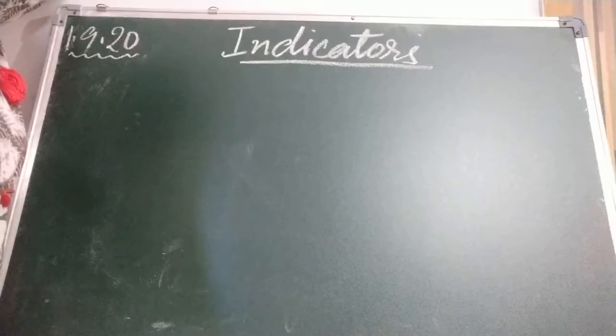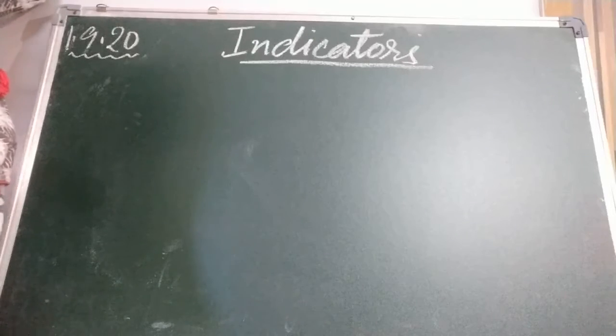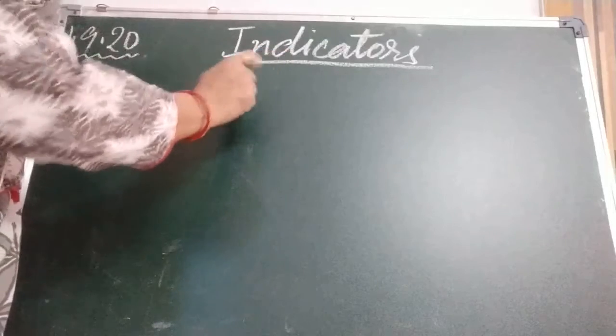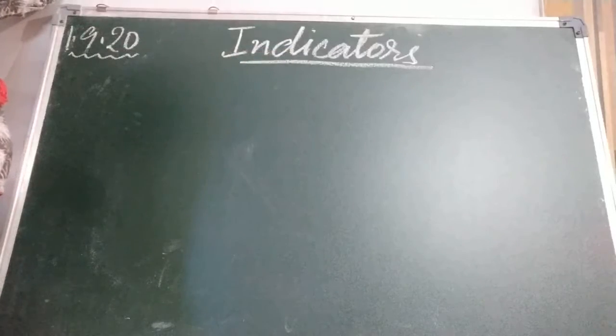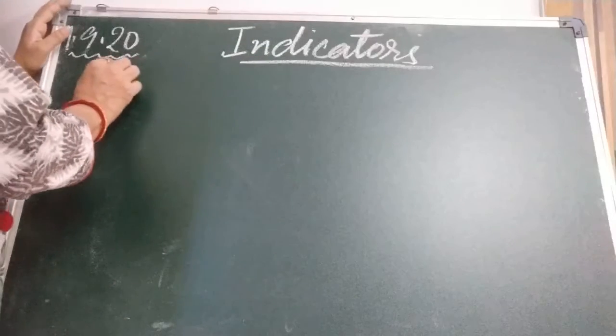Some substances may be harmful to us. Now the question arises, how do we find the nature of any substance without tasting it? To find the nature of a substance, we use indicators. What are indicators?